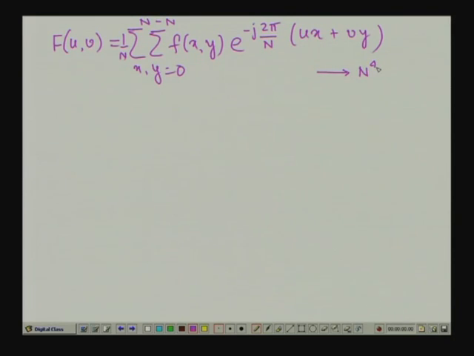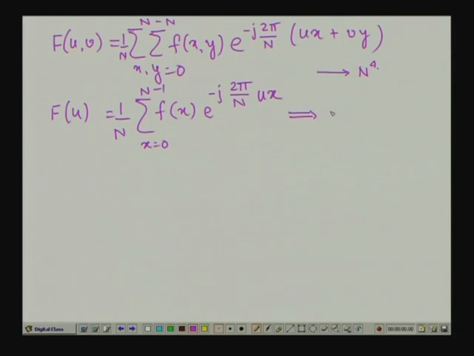4 number of computations. In case of a one dimensional signal, F(u) will be given by the summation of f(x) e to the power minus j 2 pi by capital N ux over x equal to 0 to capital N minus 1, and you have to scale it by 1 upon N. This particular expression takes N square number of computations.